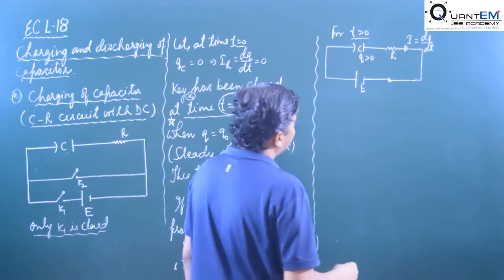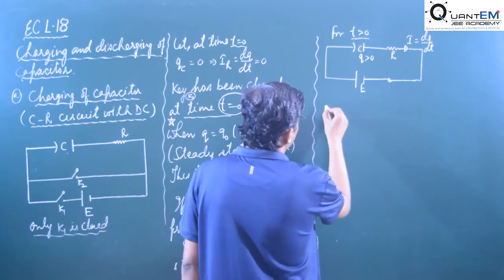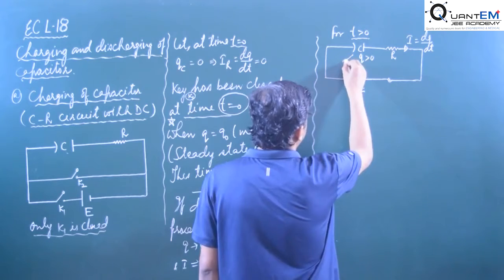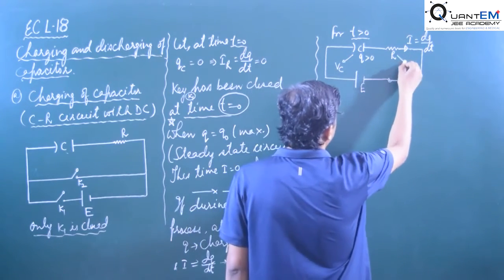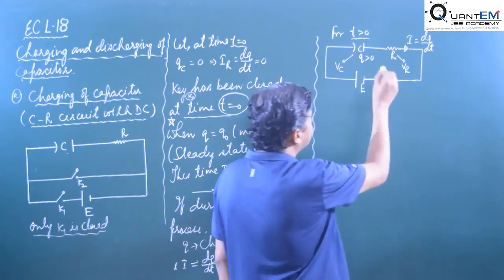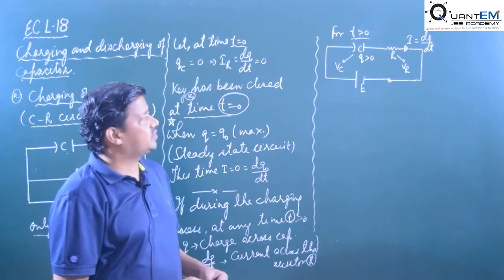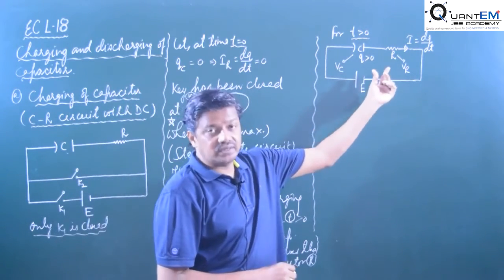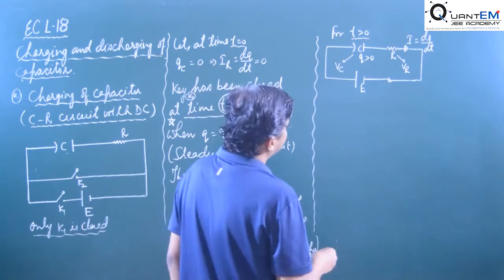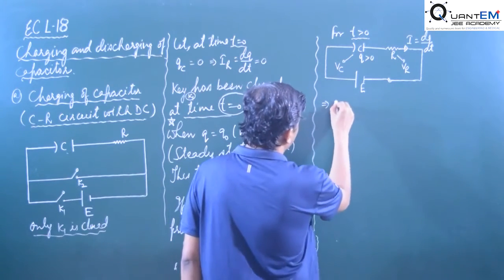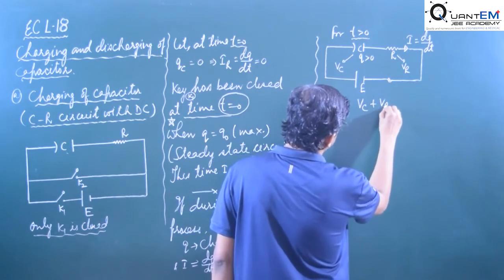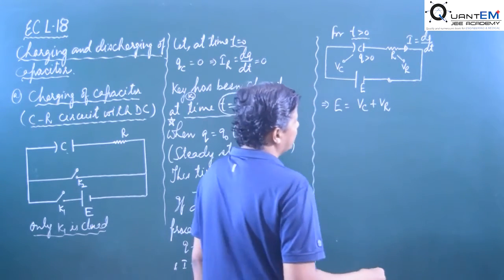The supply we have is E, so suppose the potential drop here is Vc and the potential drop here is VR. Since these are in series, the supplied potential is equal to the algebraic sum of the potentials across the elements. So according to the concept, E is equal to Vc plus VR.